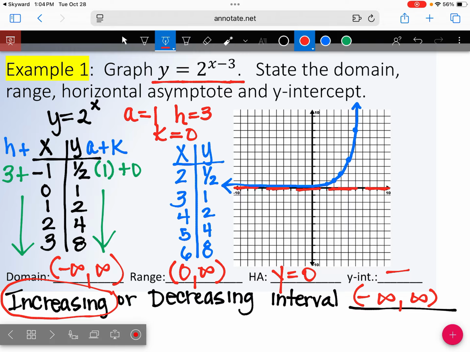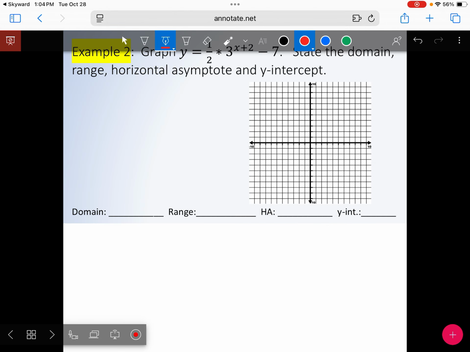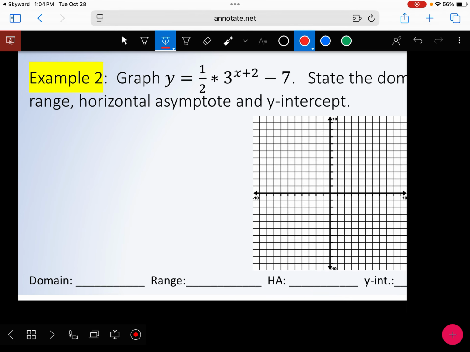Alrighty. Go ahead and get your paper situated. I have some more. I'll get you one. So go ahead and set it up.